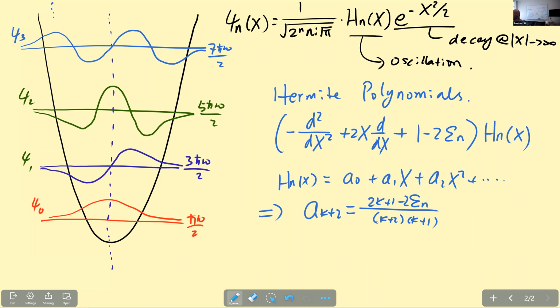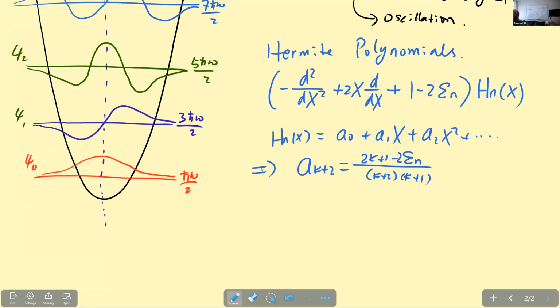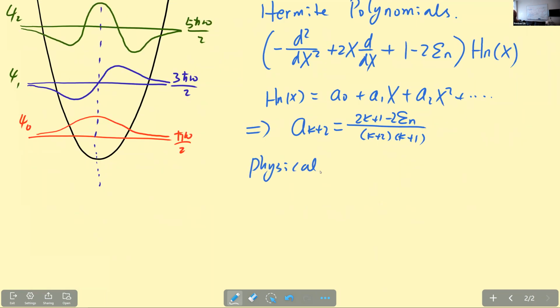And of course, to make this physical, there is a boundary condition. So you have psi here goes to 0 as x goes to plus minus infinity, right? So this requires the series must be terminating.